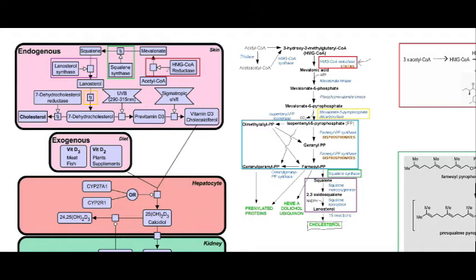We can see here, and this is happening in the skin, going from acetyl-CoA, which, as I pointed out before, is from carbohydrate, and I think I may have neglected to say this in previous videos, lipid metabolism.